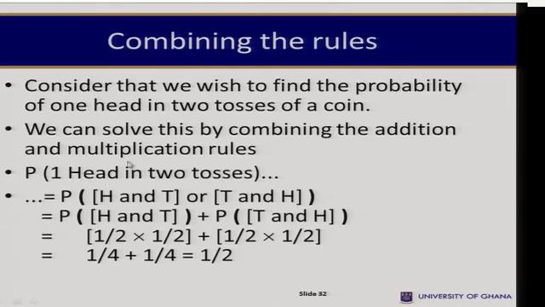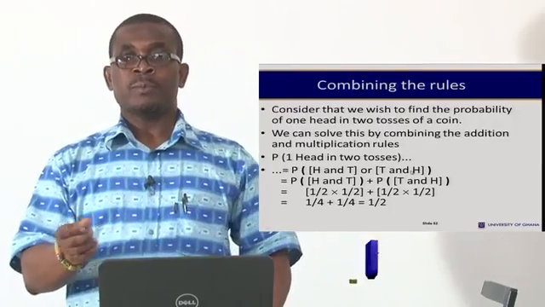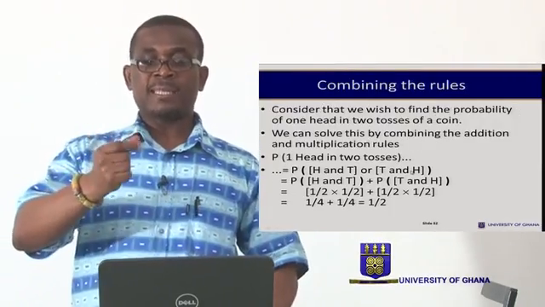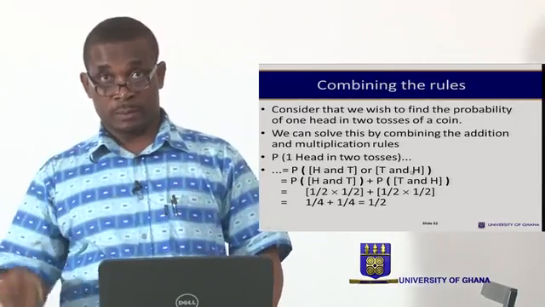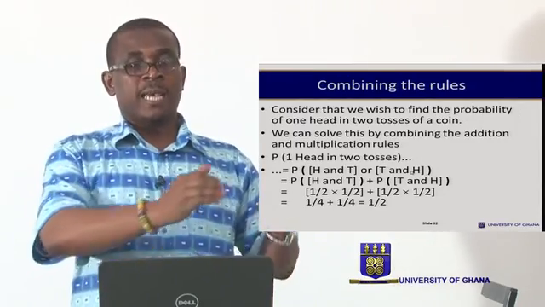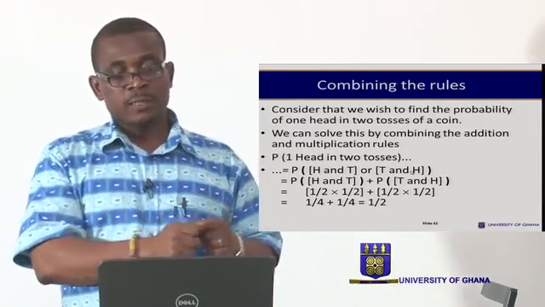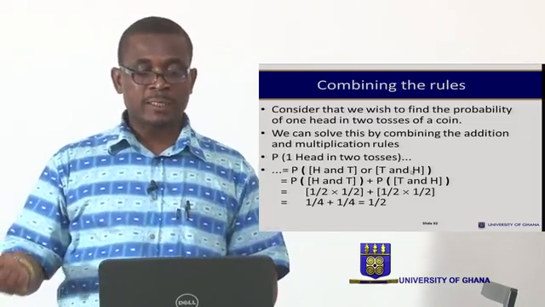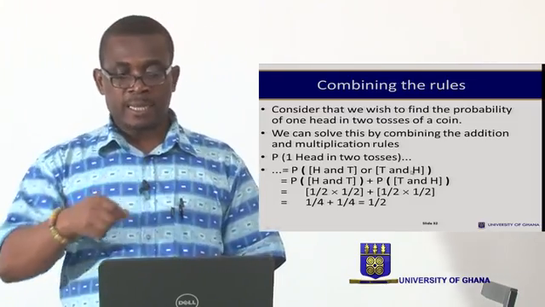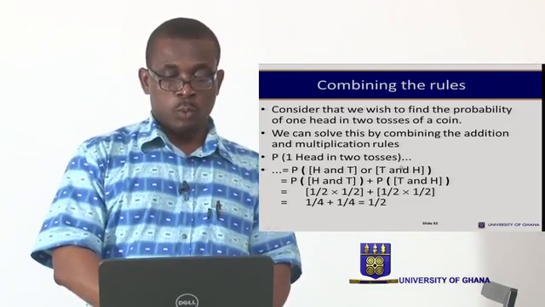We can write it as: probability of head and tail, or probability of tail and head. Because you see, when you toss a coin the first time, you either get head or tail. If you get head first, the tail could be second, or you get tail first, the head could be second.